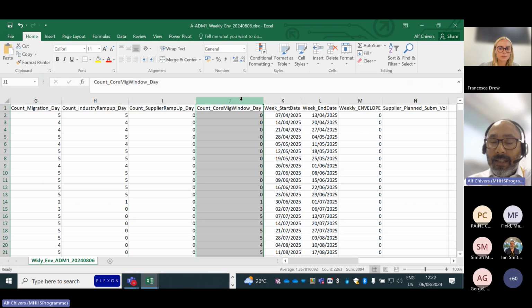The core migration is the period at which we will provide you full capacity within the constraints, as defined in the foundations document, and that's where we would expect suppliers to undertake most of their migration. 90% is what we're asking for during that period, and that helps us to safeguard the M15 date and left shift the migration process so we can ensure that those participants coming on later have sufficient capacity.